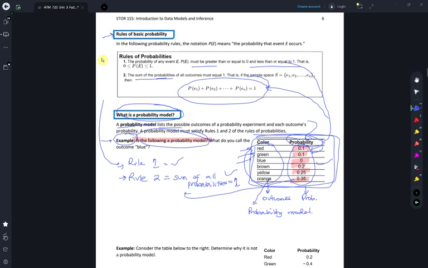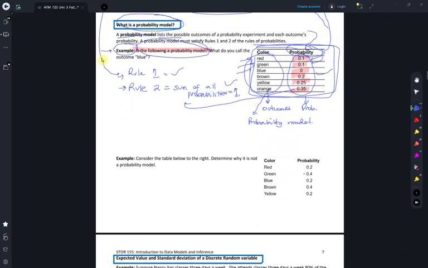All right, here's another example where we consider a table to the right and we look at the different colors and we look at the different probabilities. Do you think this is a probability model? Well, if you consider the outcome green, it is associated with the probability negative 0.4. That is not a number between 0 and 1.